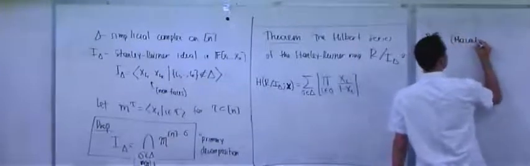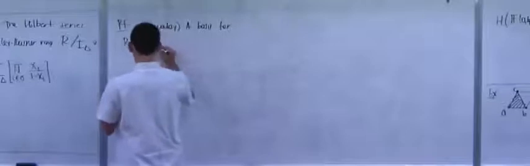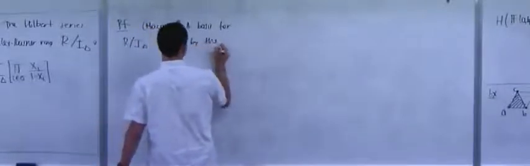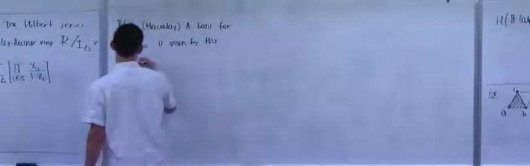So this is something from Macaulay's theorem. A basis for R mod I sub delta is given by the monomials that don't live in delta.